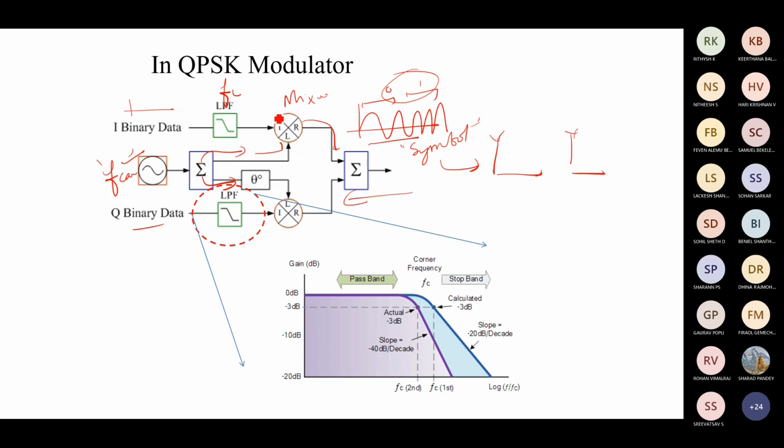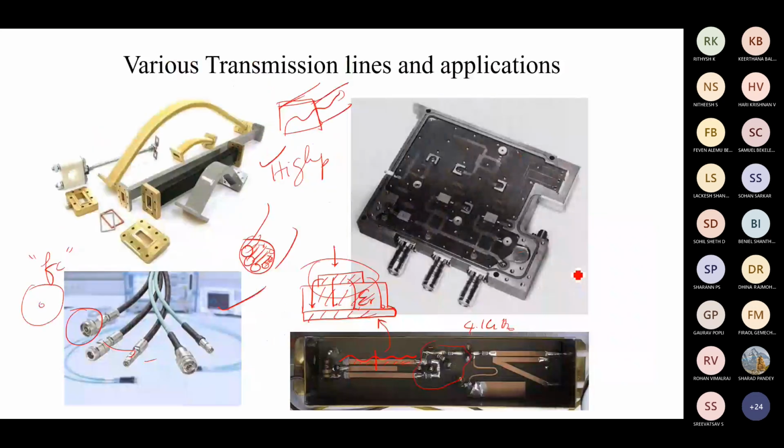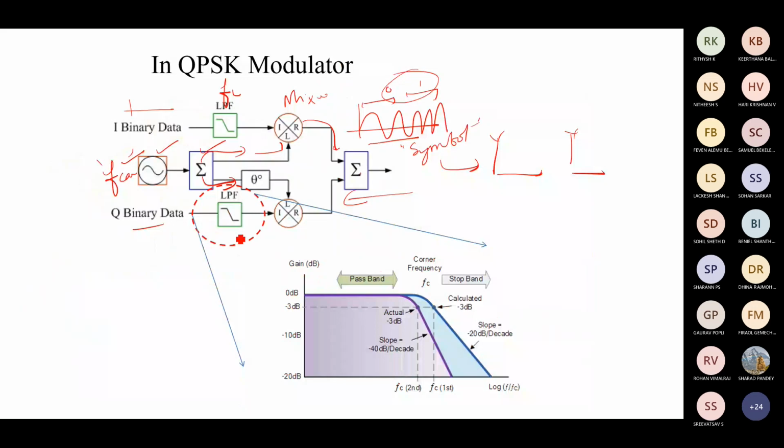In this, if you take any particular system, everything can be constructed using this type of transmission lines. So for instance, if we take a low pass filter, we know what a low pass filter is: up to a particular frequency it will allow signals, which we call the pass band, and all remaining frequencies will be stopped.